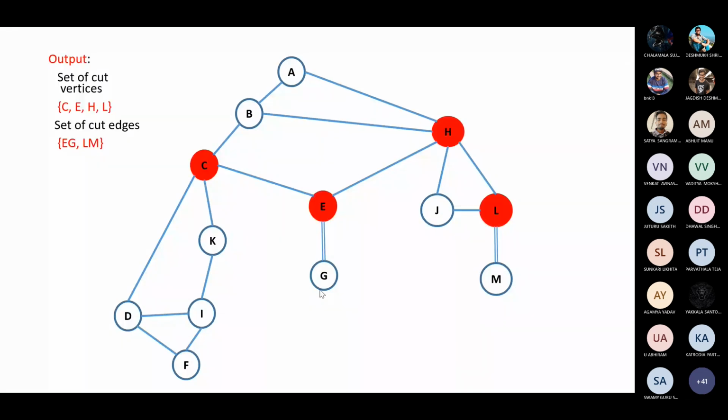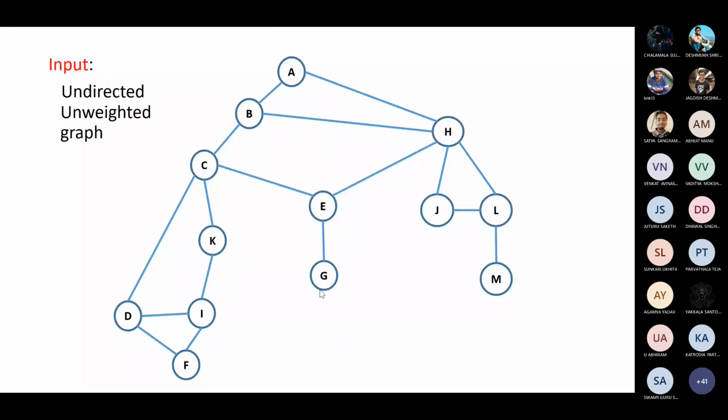Now, since it is an undirected, unweighted graph, we know that if I run a DFS on it, DFS always gives you a DFS tree. The edges in the DFS tree are called tree edges, and the other edges are called non-tree edges or back edges.